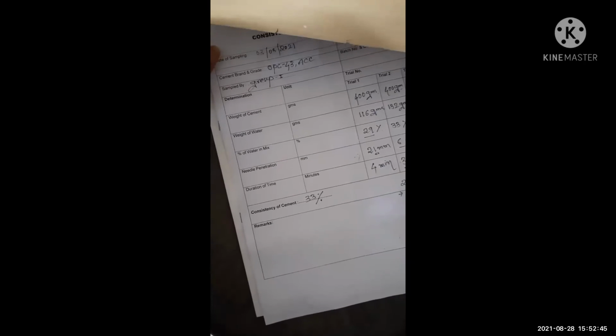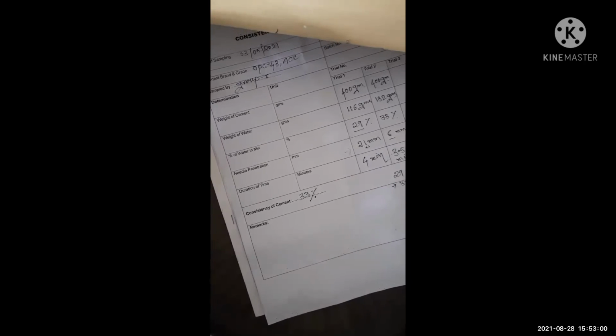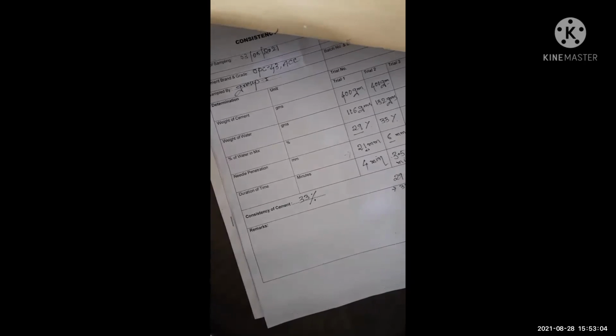So, one last important thing I am discussing here. Sometimes if you do the same experiment with the same cement sample in a different weather condition, then the value of standard consistency may vary.